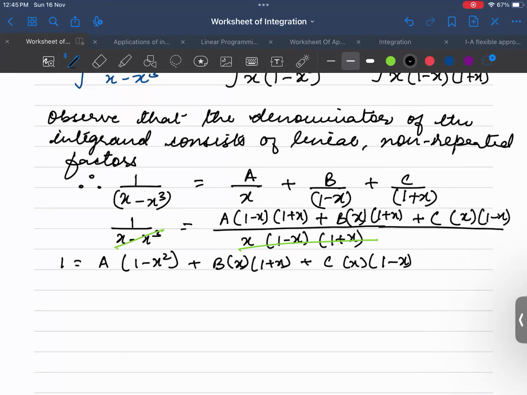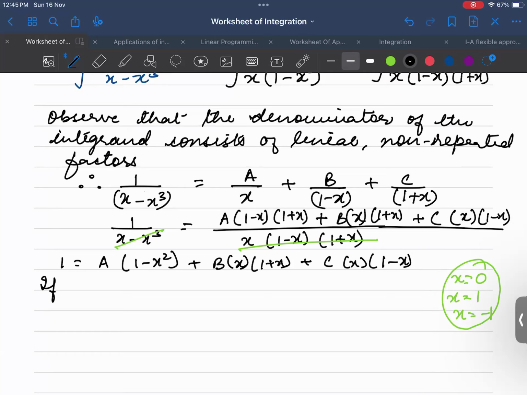Now, what can be the value of x? I can say x can be 0, x can be 1, x can be minus 1. If I keep all these three values for x, let's see how we can solve it, because I need the values of a, b, and c. In this way I can calculate.